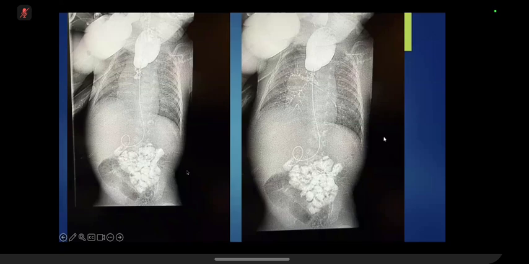This is the next film. There is still a dilatation of the upper part of the esophagus, and the contrast passes to the trachea, to the right side of the trachea and bronchi, opacifying the trachea and bronchi.